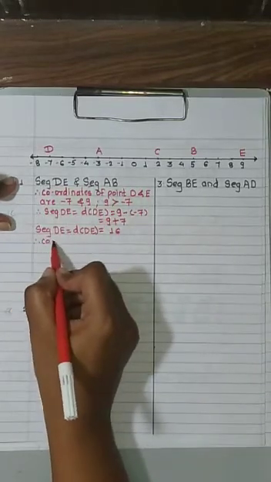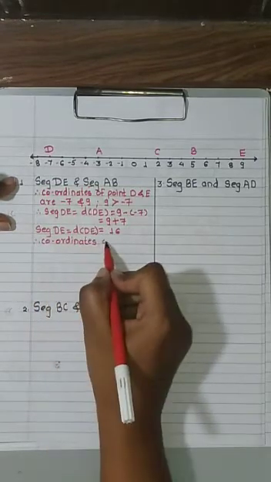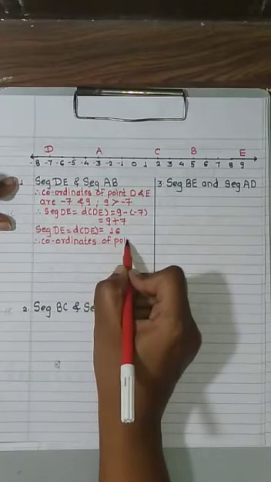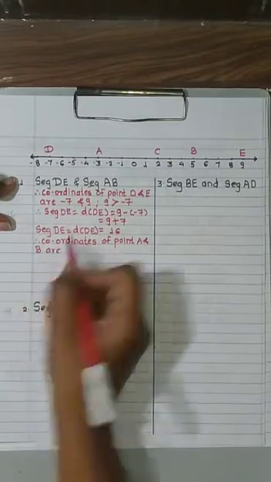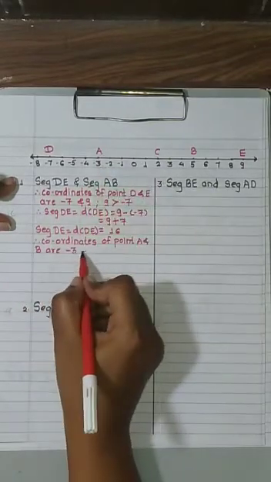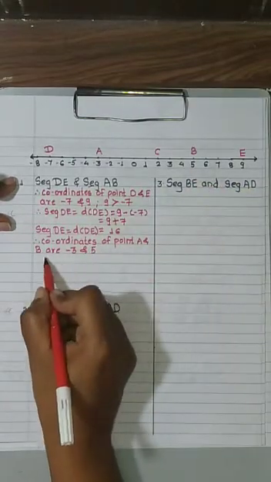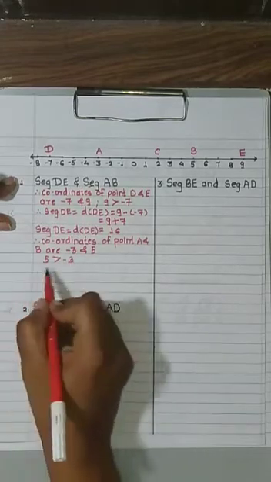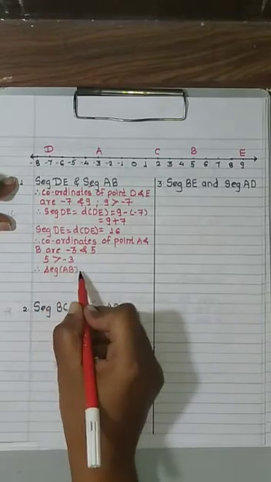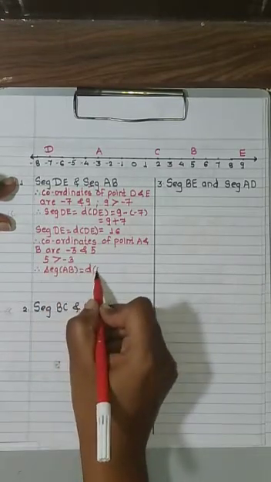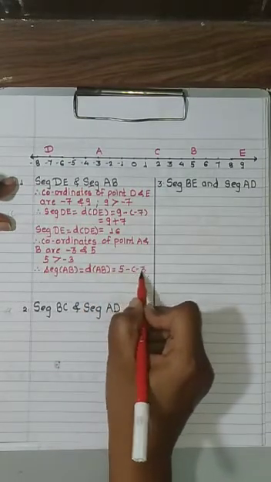Therefore, coordinates of point A and B are, now A is -3 and B is 5. Now you very well know that 5 is greater than -3. Therefore, seg AB is equal to distance AB is equal to 5 minus -3.